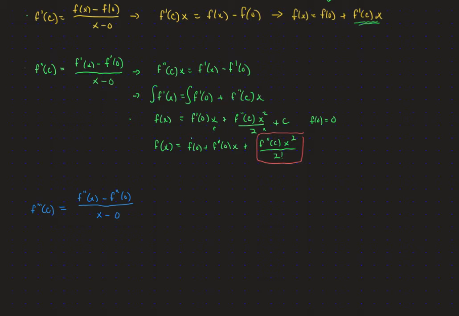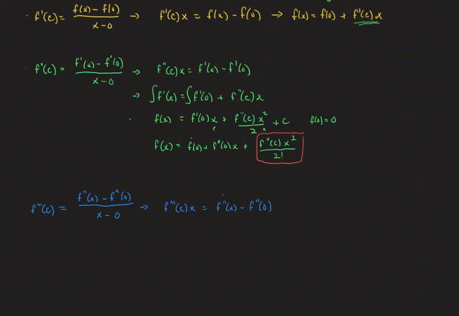So now we have f triple prime of c is equal to f double prime of x minus f double prime of 0 all over x. We'll multiply that x to the other side and get f triple prime of c times x equals f double prime of x minus f double prime of 0.